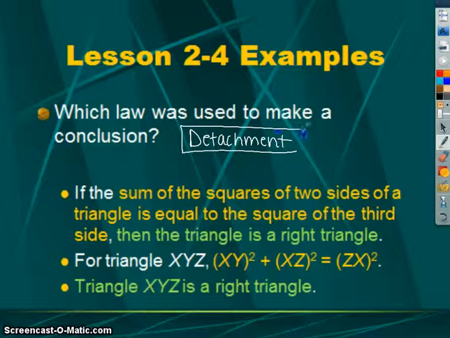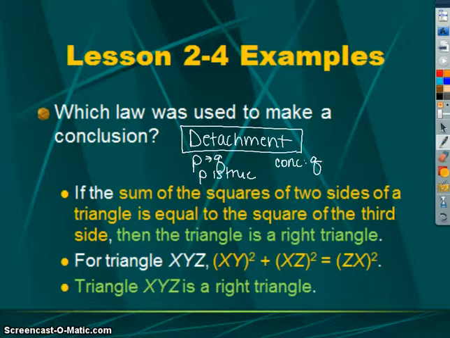It follows the pattern where P implies Q, then P is true, so the conclusion would have something to do with Q. That's the law of detachment.